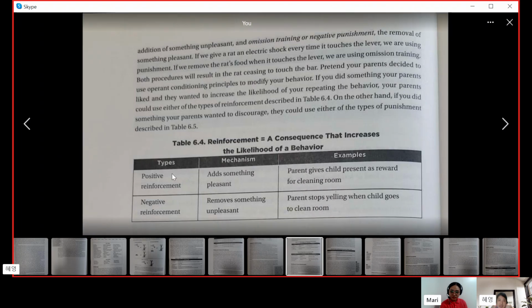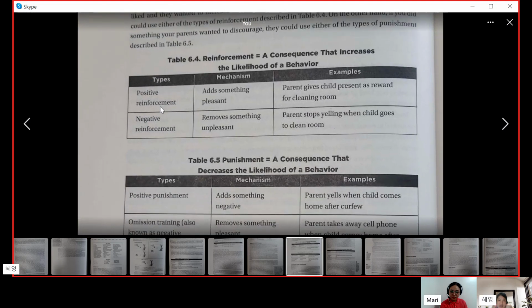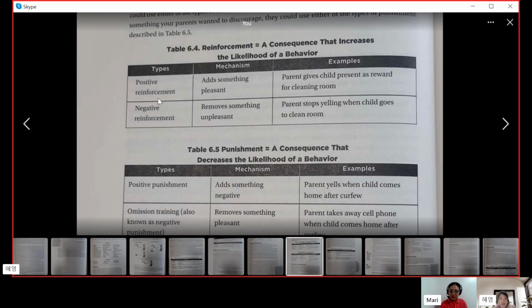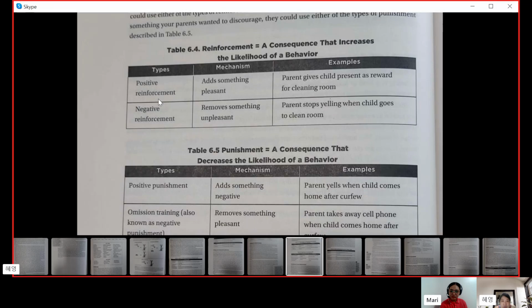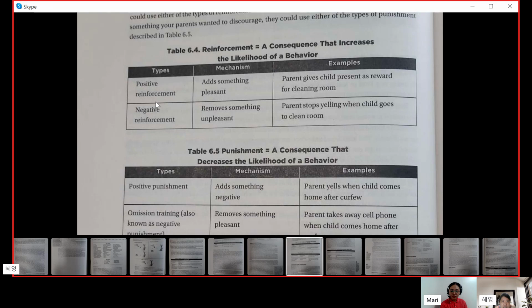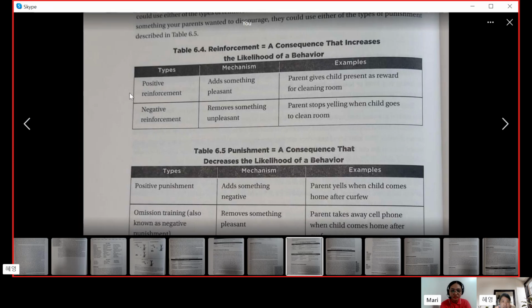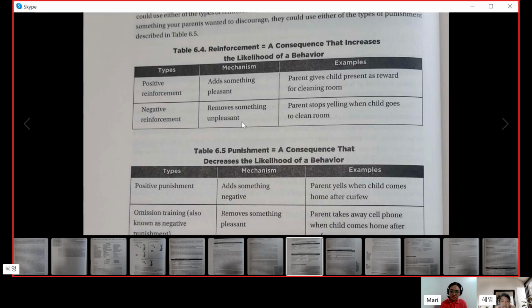Let's see. So there are two kinds of reinforcement. One is positive reinforcement, the other one is negative reinforcement. Positive reinforcement adds something pleasant, and negative reinforcement removes something unpleasant.